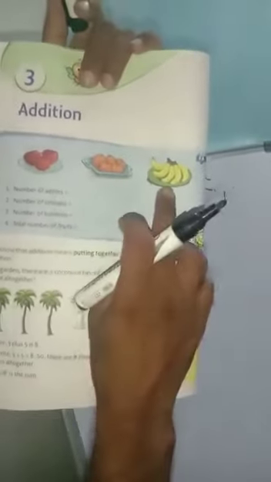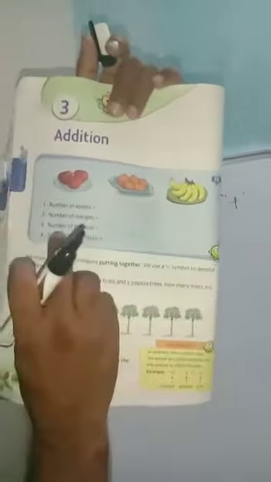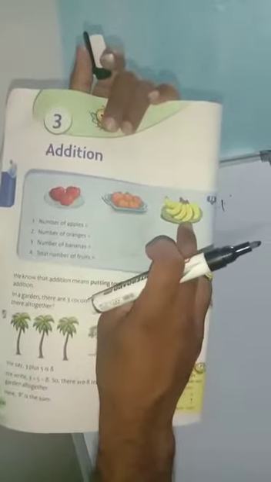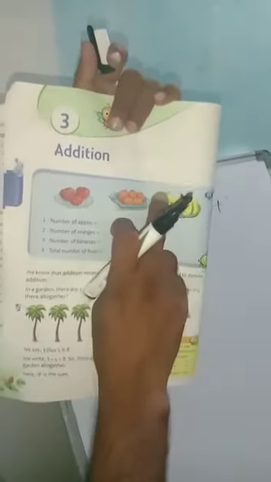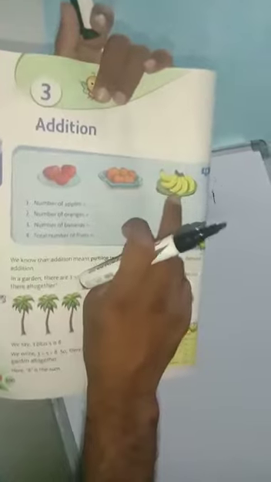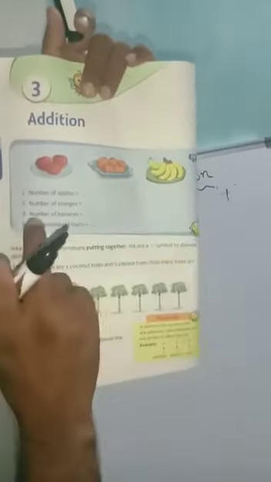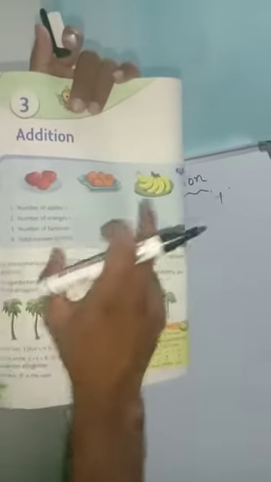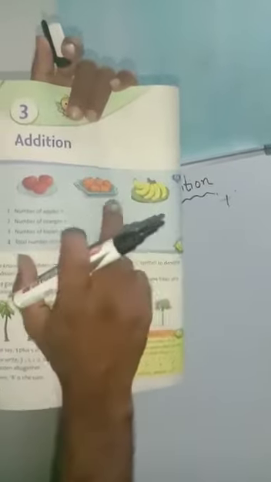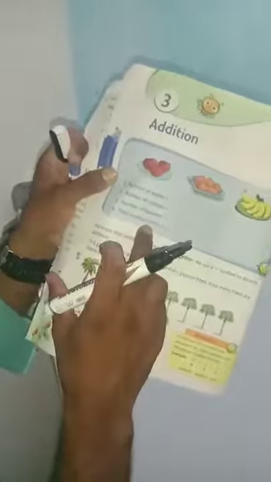Next here bananas are there. So number of bananas, how many are there? We don't know. So 1, 2, 3, 4, 5. So number of bananas is equal to 5 bananas. So next, total number of fruits.